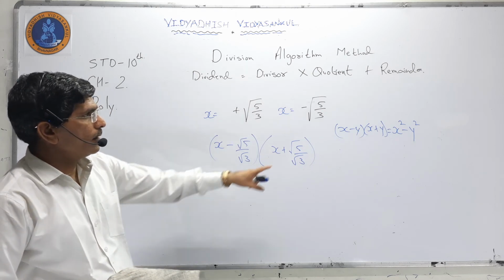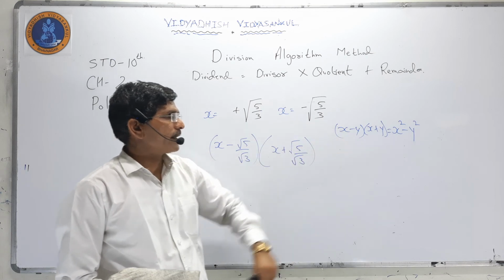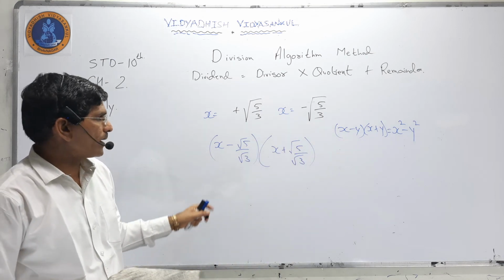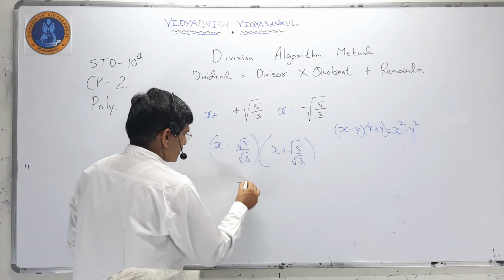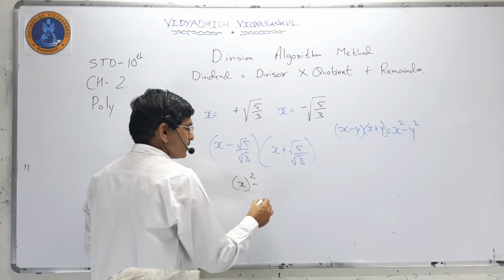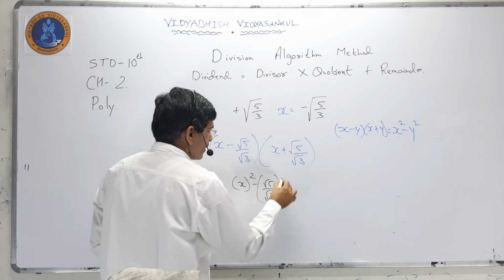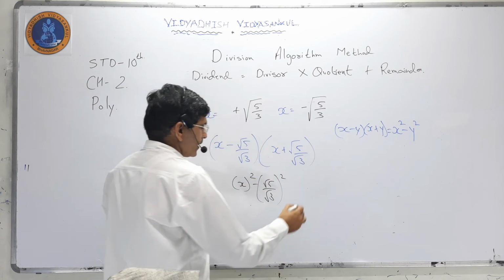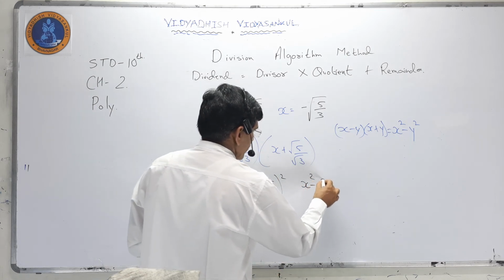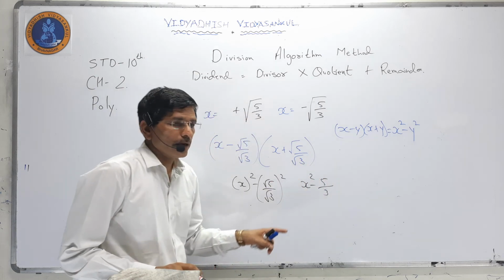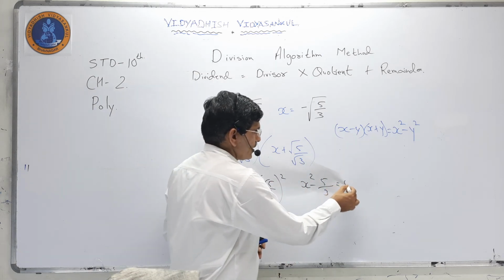So I have to write it here, x whole square minus root 5 upon root 3 whole square. So here I have got x square, here I have got minus 5 by 3. Now equal to 0 is there.